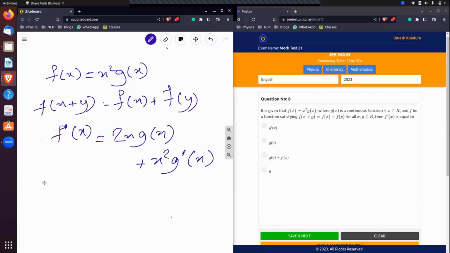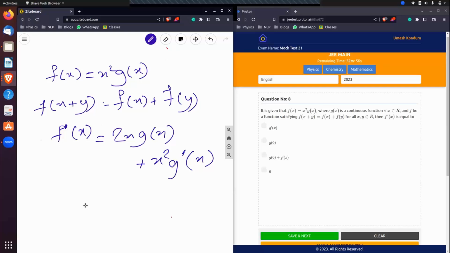And then somehow you need to get rid of x everywhere, and you also need to get rid of g. So the answer can be only in terms of g prime of x and g of 0. That's been given to us for the options. So let's see if we can do something. We haven't used this property yet. Let's try using it.